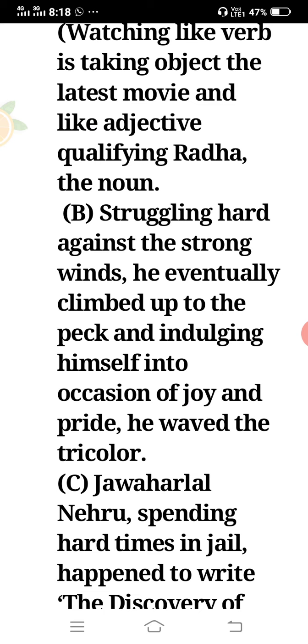There are present participles at two places here. Struggling hard against the wind, he eventually climbed up to the peak. So struggling, qualifying the pronoun he, and taking object after it as a verb.